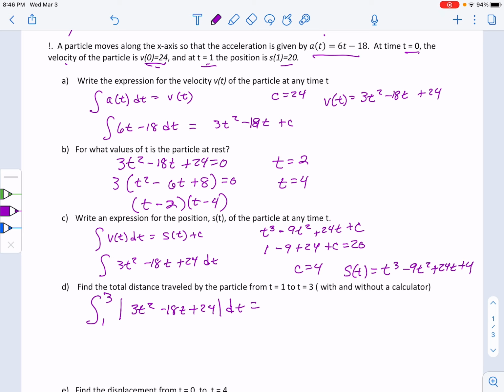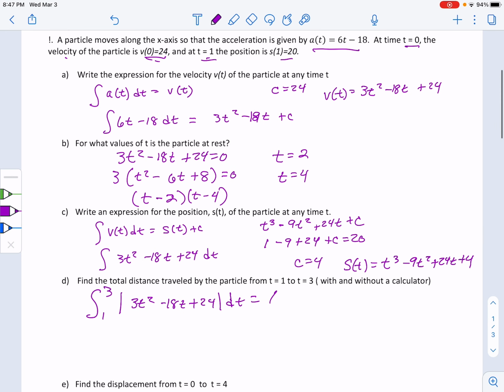So absolute value, and then I've got 3t squared minus 18t plus 24 from 1 to 3, and it tells me it's 6.